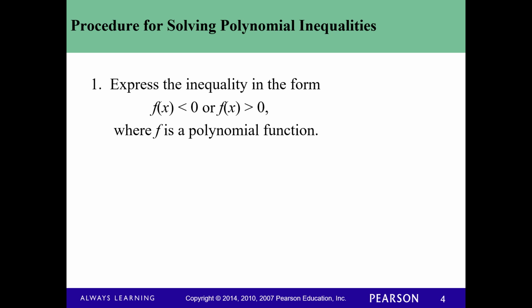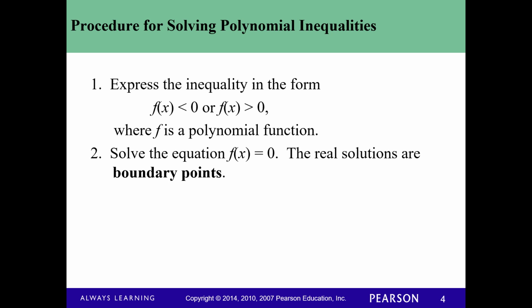So the procedure is to express the inequality in the form f of x is less than 0 or f of x is greater than 0, where f is a polynomial function. Then solve the equation f of x equals 0. The real solutions will be the boundary points, okay?